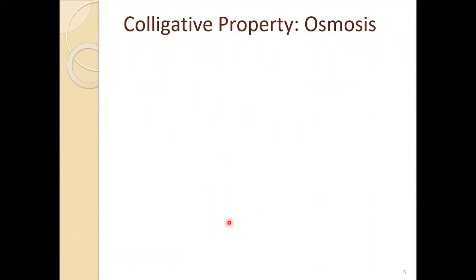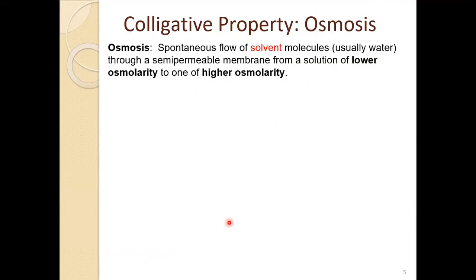And then the third and final property or phenomenon we'll look at with regards to colligative properties and osmolarity is something called osmosis. Osmosis is a very important phenomenon, where we have a spontaneous flow of solvent molecules, and because we usually are dealing with aqueous solutions, our solvent is usually water, and only the solvent molecules are able to pass through a semi-permeable membrane.